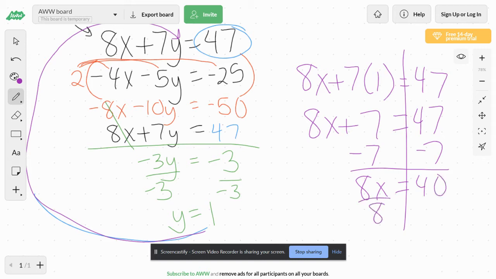Divide both sides by 8, and you get x is 5. Okay. So it's the same process as what we did in the last lesson when we were adding and subtracting equations, except the only difference is you have to multiply an equation by a number so that one of the terms cancels out.